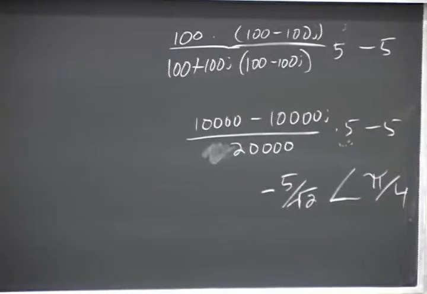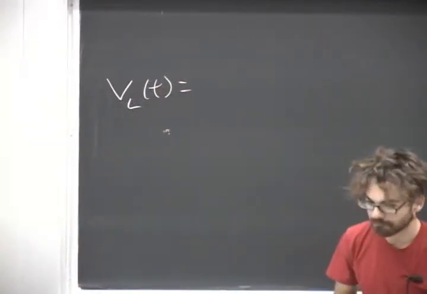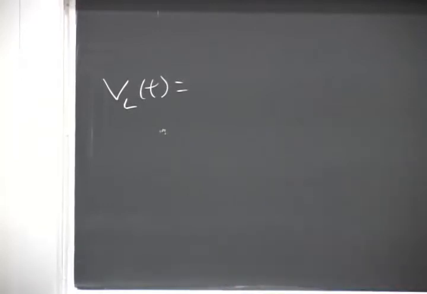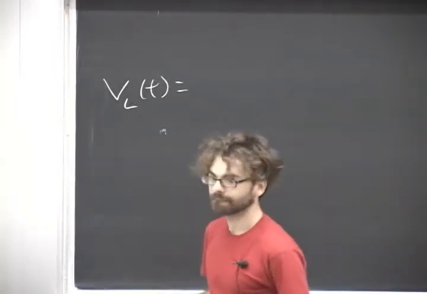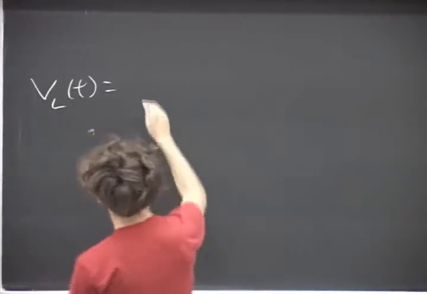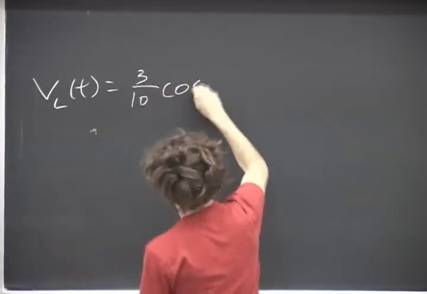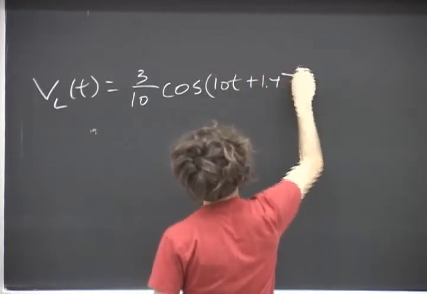what will VL of t be? So we kind of have, this is V at LS2. Assuming I didn't mess that up, this thing will be what? What do we get? Oh, you got it already, 3/10 cosine 10t plus 1.47 plus what?